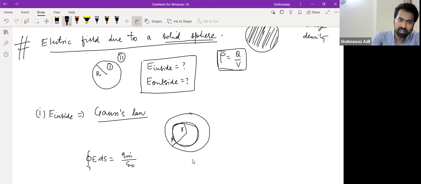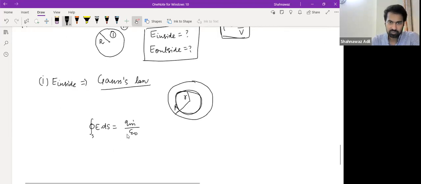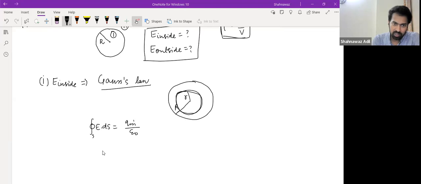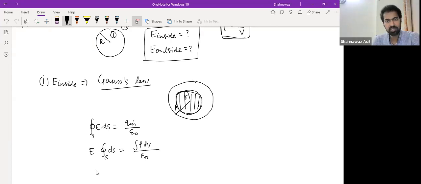Is that correct, guys? E is uniform, so this will be taken outside, and this is the integral of dS, and Q enclosed. We have to find out what is the charge enclosed in this region only. So this will be the integral of rho dV by epsilon naught. Is that part clear, guys?